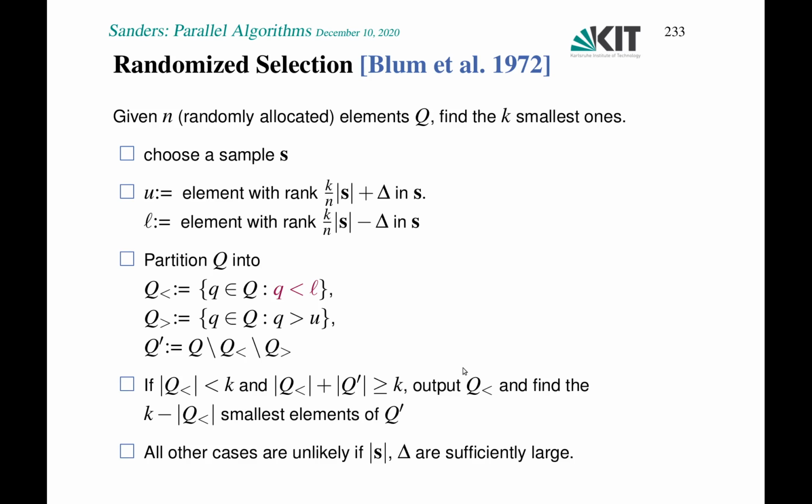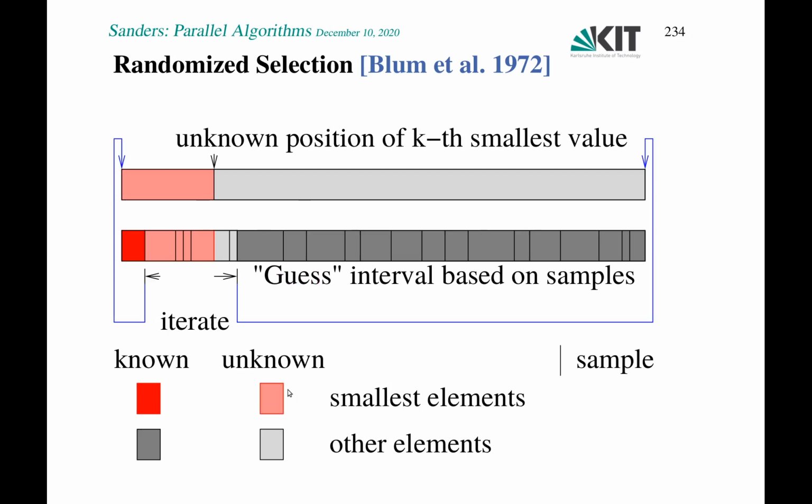In that case, we can output Q less and recurse on Q prime, looking for the K minus the number of elements in Q less in Q prime. All other cases are unlikely, so I can afford some expensive special case treatment in case this fails. Also, all these tests can be done with reductions in logarithmic time.